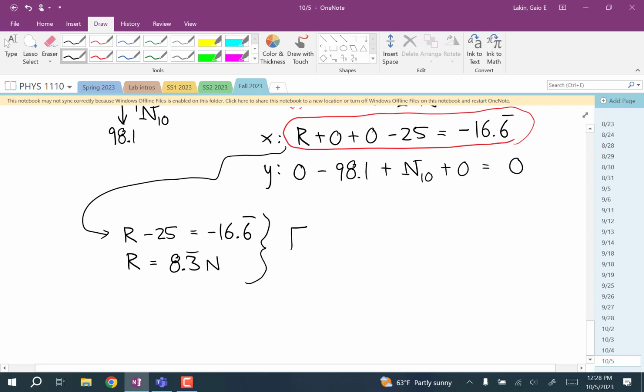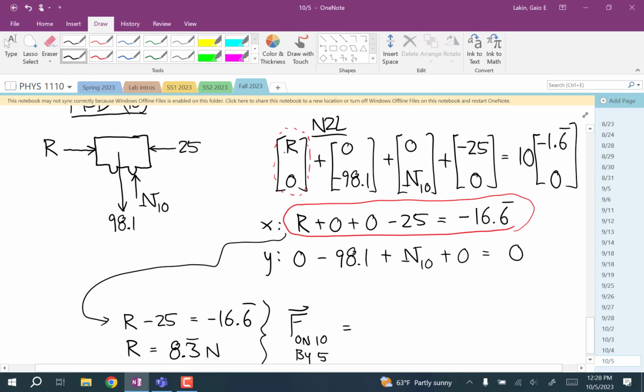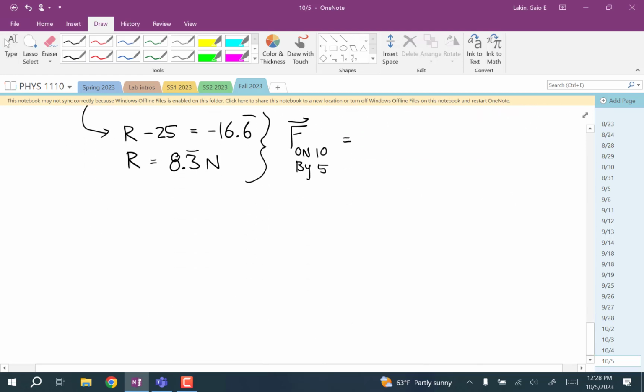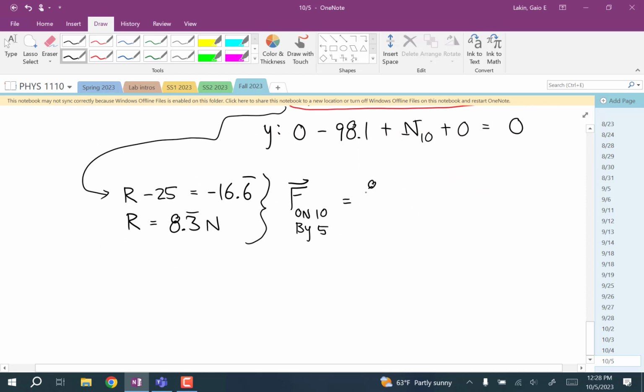And so this says that the force on the 10 by the 5, plug it into this force vector, and you get 8.3 repeating, 0 for y, or in other words, a vector in the positive x direction with a magnitude of 8.3 repeating.